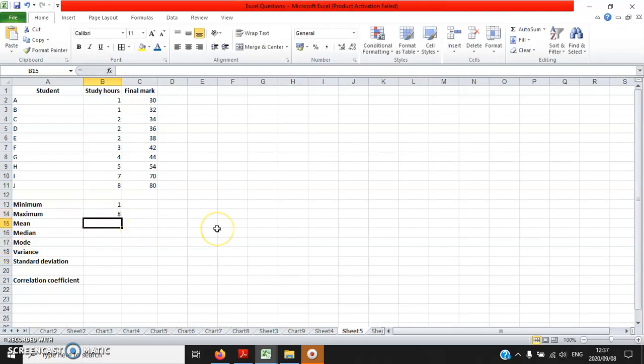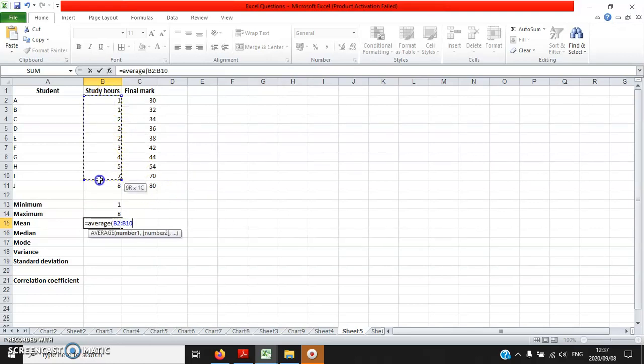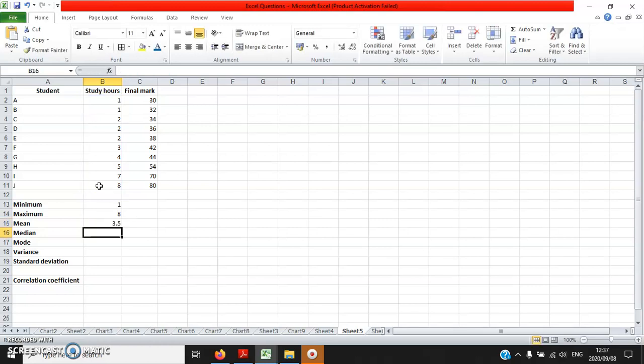Okay. Then the mean in Excel, I think the keyword is average, but not mean. So make sure you type the right keyword. So equal average, open bracket, then the range, and then close bracket. Okay.